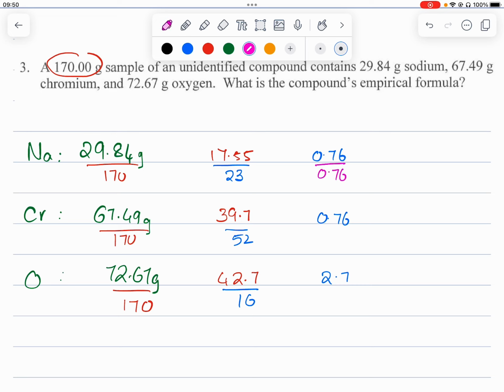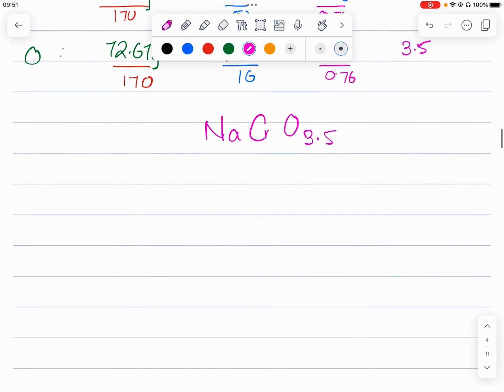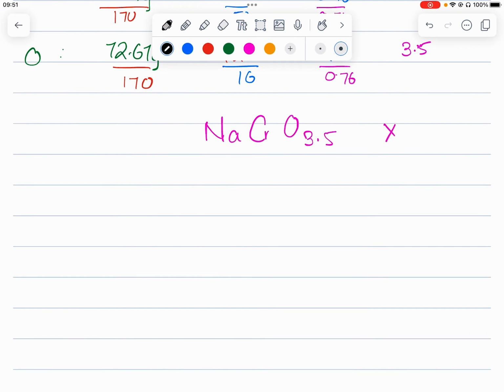So divide with 0.76. It becomes 1, 1 and 3.5. We know that it should not be in decimals. Basically it is NaCrO3.5, which is wrong. So therefore multiply by 2, Na2Cr2O7. This is going to be the answer.